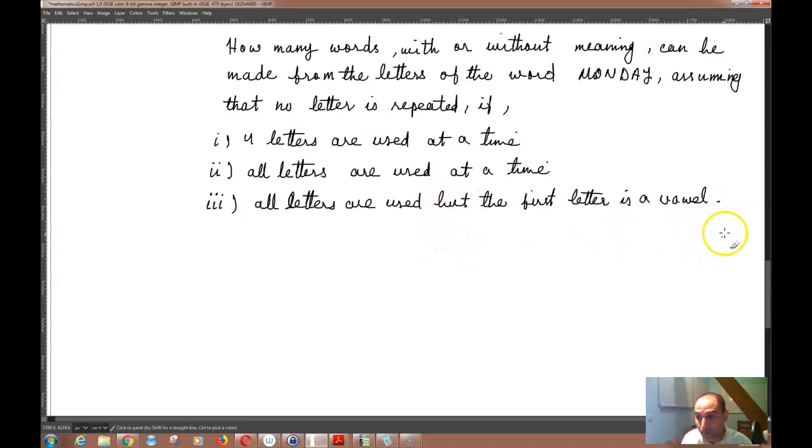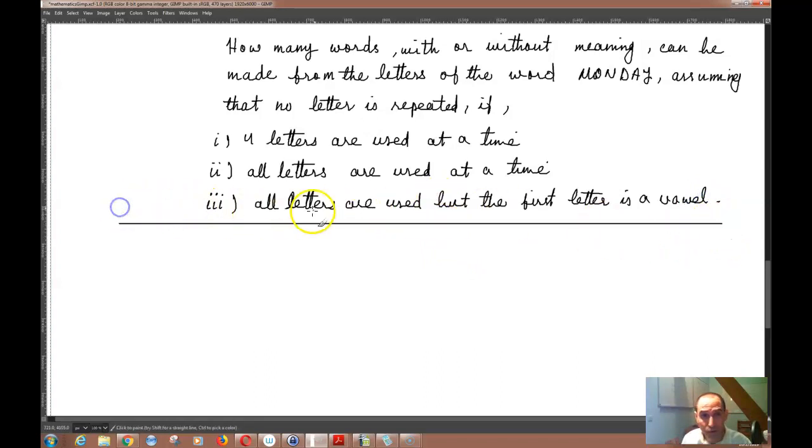Okay, so to solve this problem, you want to know how many words with or without meaning can be made from the letters of the word Monday, assuming that no letter is repeated if 4 letters are used at a time.